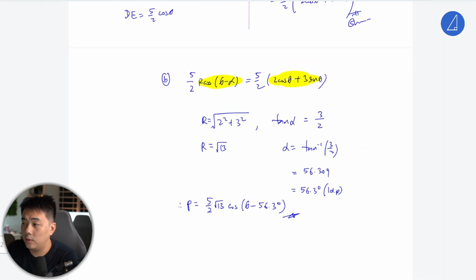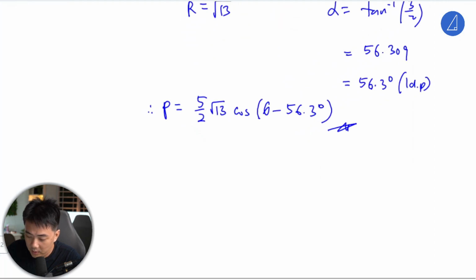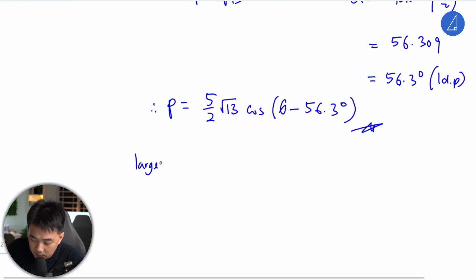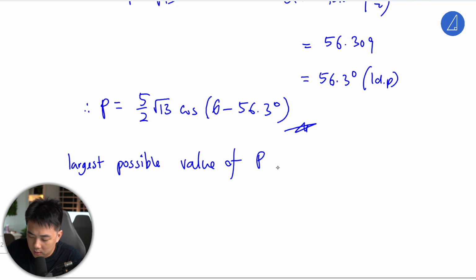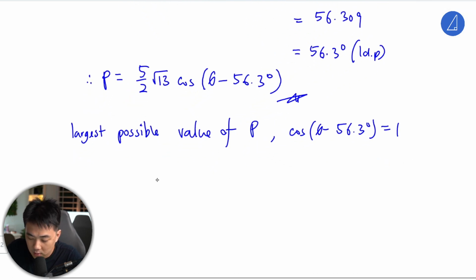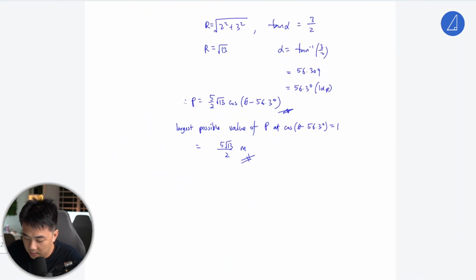Alright, so we're told to write the largest possible value of P. So the largest possible value of P occurs when cosine theta minus 56.3 equals to 1. Okay, so that will be equal to 5 root 13 over 2 meters. That's it. That is part B.